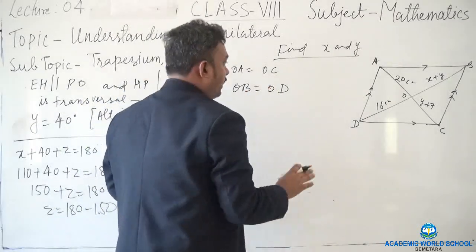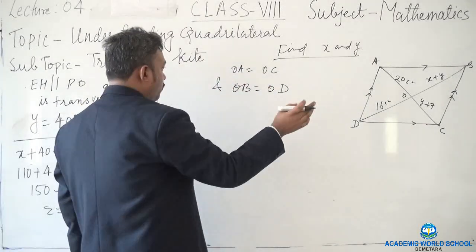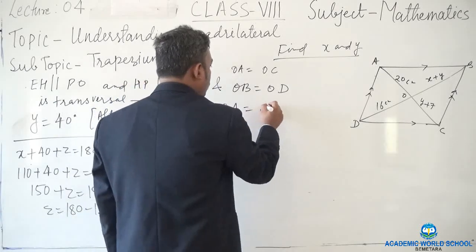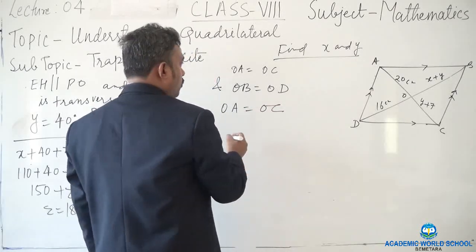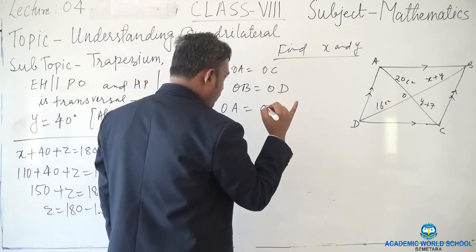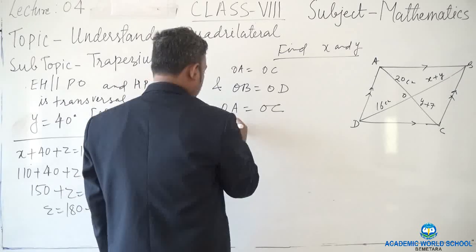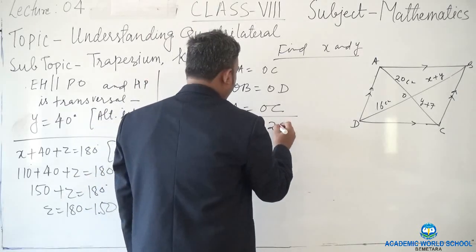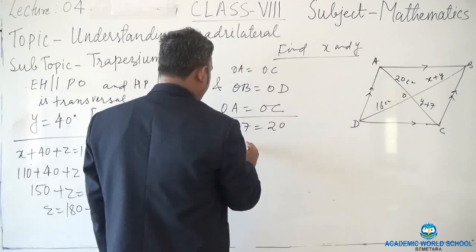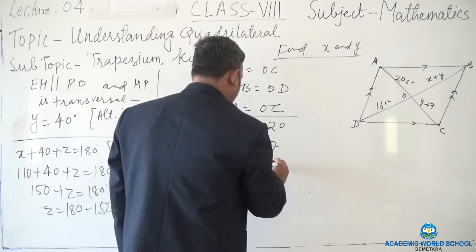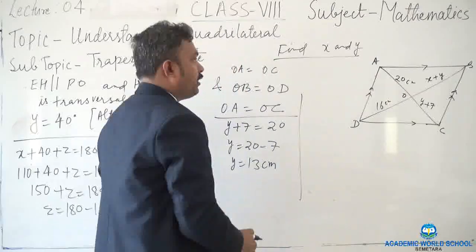So let's take OA equal to OC. Here OA is 20 centimeter and OC is y plus 7. So we write y plus 7 equal to 20. This 7 will go that side, 20 minus 7, y equal to 13 centimeter.